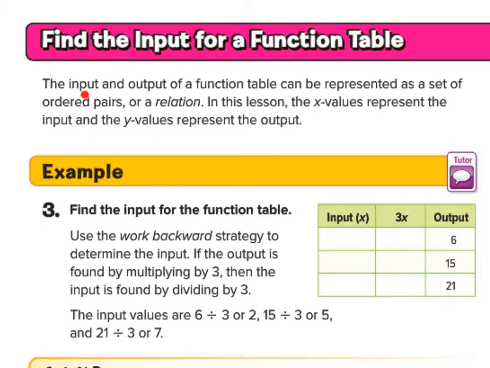The input, which is our independent variable, and output of a function table can be represented as a set of ordered pairs. Okay, ordered pairs when we're graphing, like what is your x and what is your y, and so on. Or simply a relation. In this lesson, the x values represent the input and the y values represent the output.